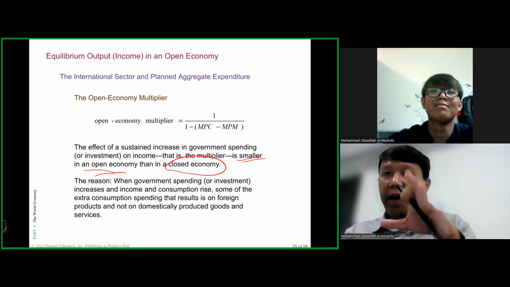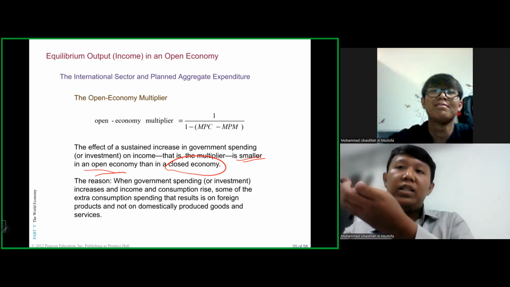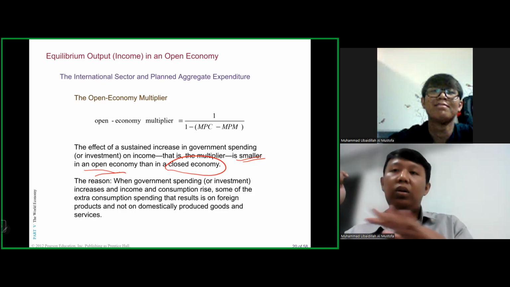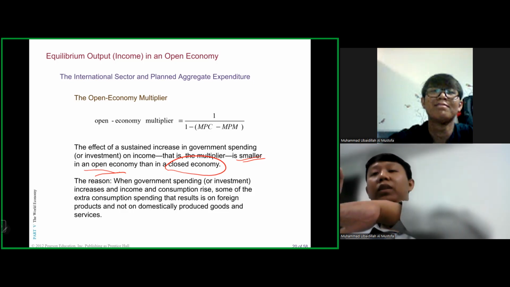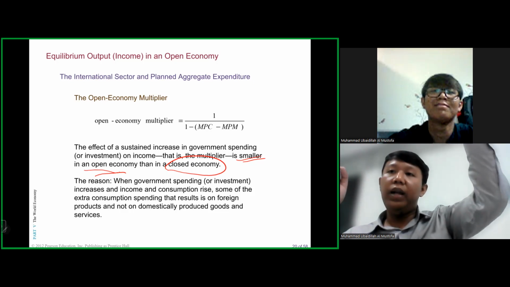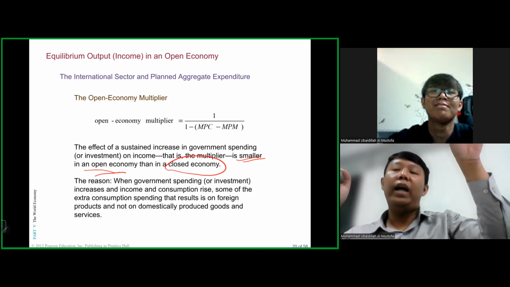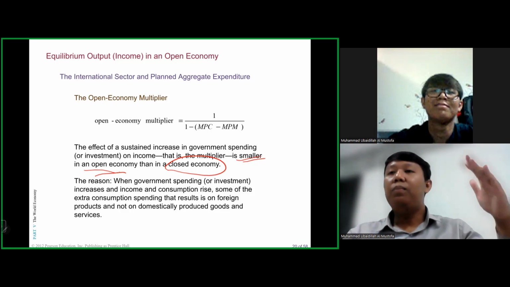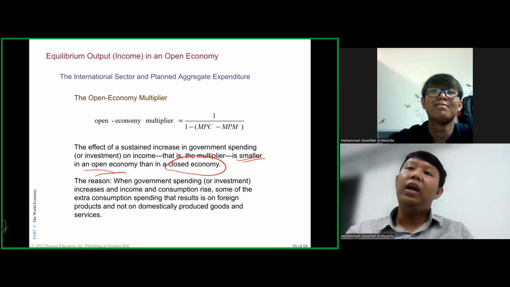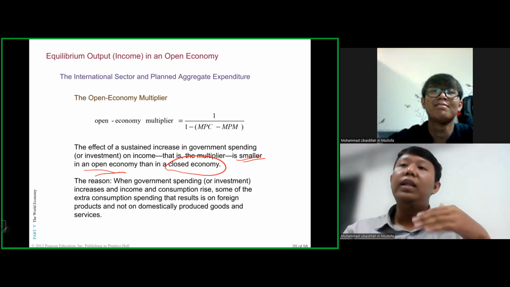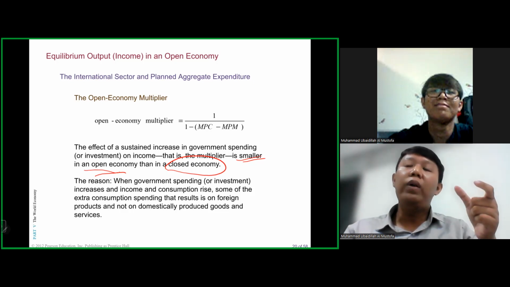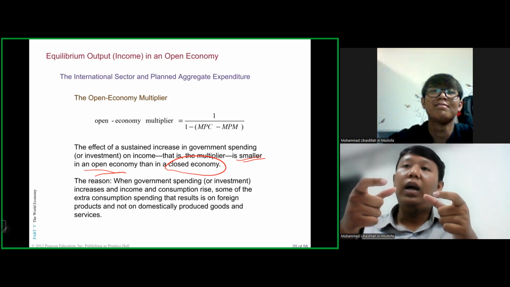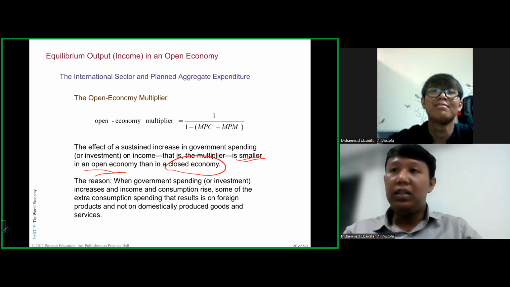So when we have imported goods and services, who will take the benefit? Not the local economy, not the local industries, but this benefit will go to the foreign companies who exported their product to our country. So that's why the multiplier effect will be lower compared to the closed economy, when they don't have international trading between themselves and other countries.